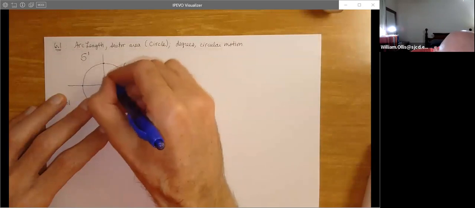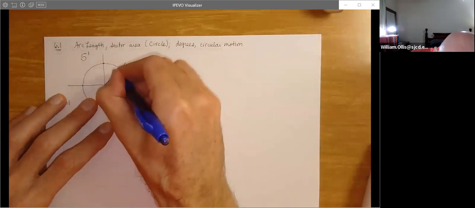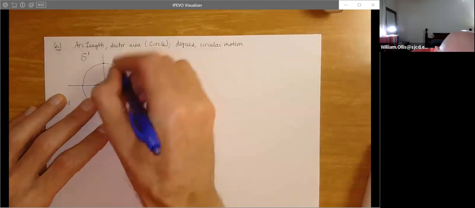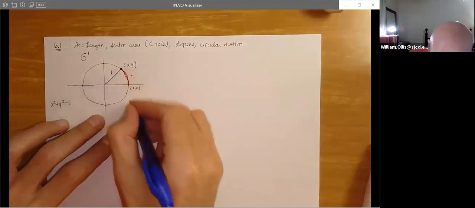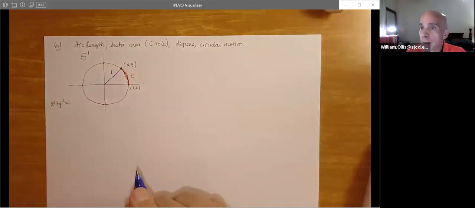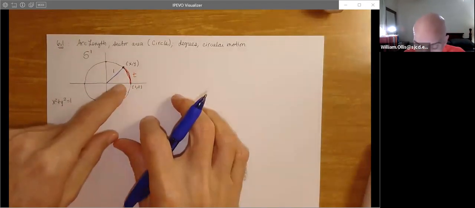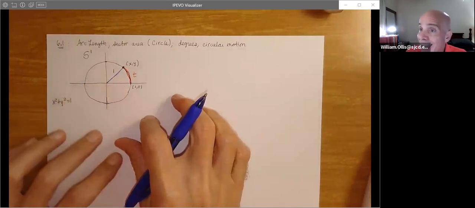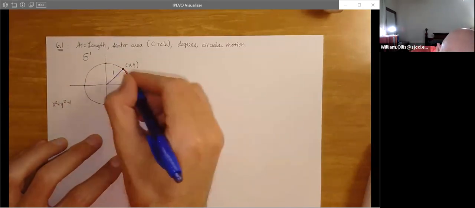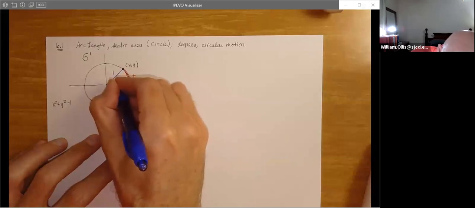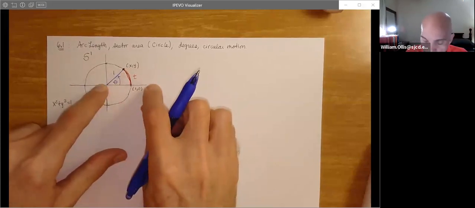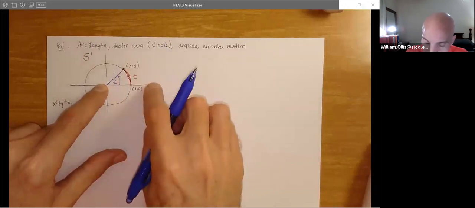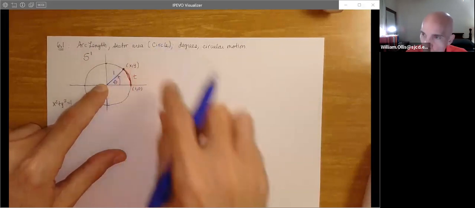Of course we can use any variable you like. Now, what we're going to think about is, for the unit circle, we're going to think of this abstract measure from the x-axis to this radius as an angle. That is, we're going to call this theta. And theta will be the abstract measurement from this particular ray to this ray, that is, the positive x-axis to the radius.